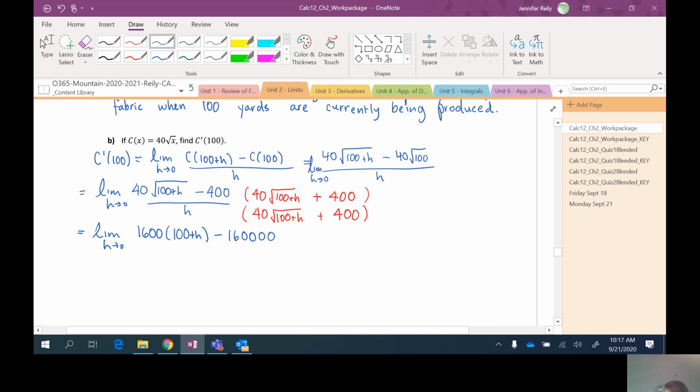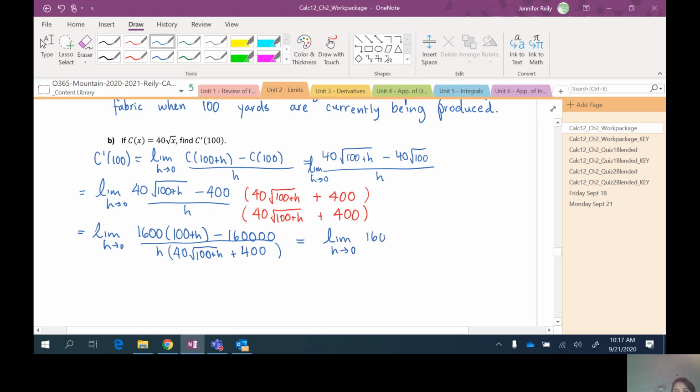And on the bottom, I'm not going to expand it, because there are no cancellations when you expand it anyways, so it's a bit of a time waster. Okay, and in the numerator, I can expand that a little bit further by multiplying in that bracket.